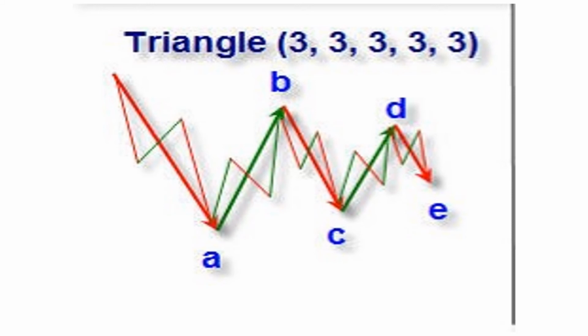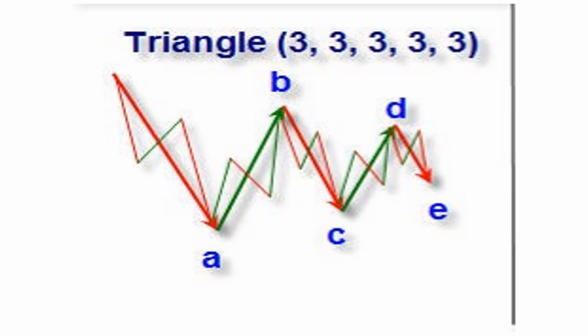In an ideal triangle correction, each successive wave will fall short of a 100% retracement of the previous wave. However, it is not uncommon to have wave B exceed the start of wave A. As you can see, this is a perfect example of what I'm talking about. Every single one doesn't have a 100% retracement, so it almost converges by the time it reaches E.